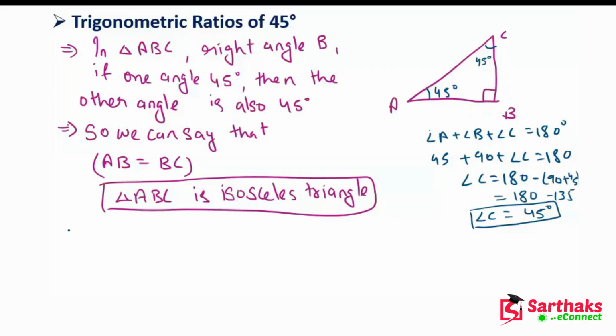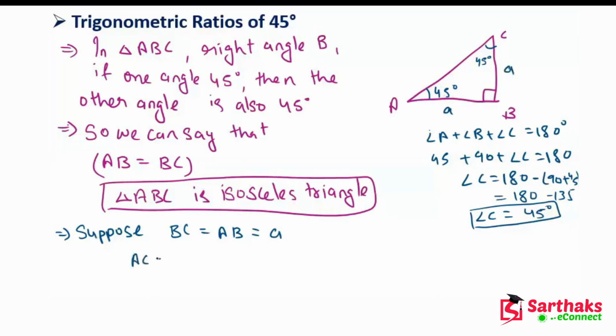Now suppose that BC is equal to AB, which we are taking as A. So this is A and this is also A. So what is the value of AC?